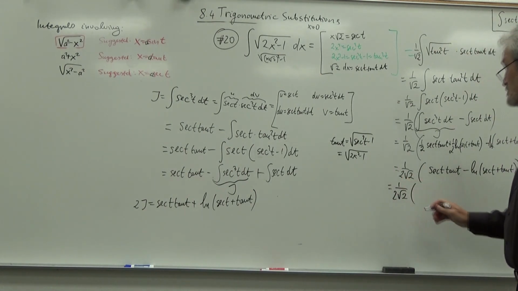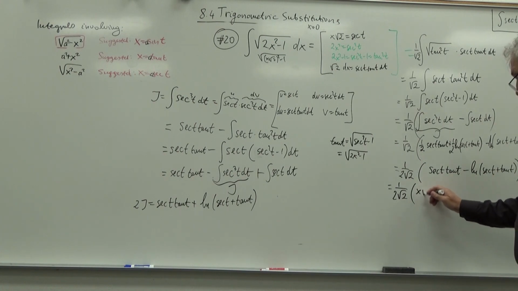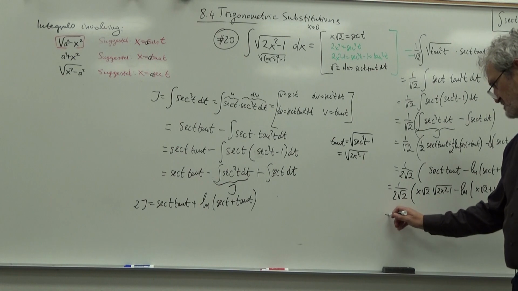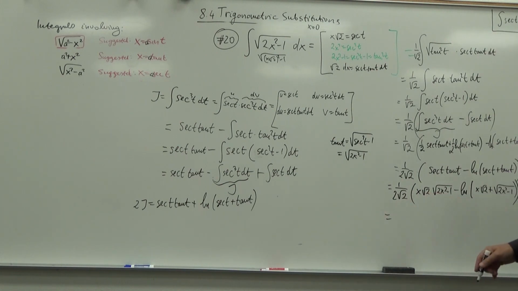1 over 2 root 2. It's x root 2 for secant, and square root of 2x squared minus 1 for tangent. Minus ln, there's no absolute value because we assume everybody positive, x root 2 plus square root of 2x squared minus 1, close parentheses, plus C. And then it might be a good idea to distribute this, so at least to get rid of this root 2 here.